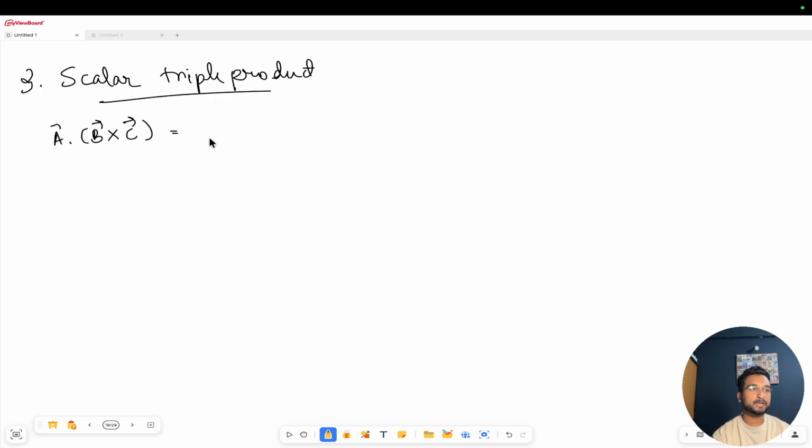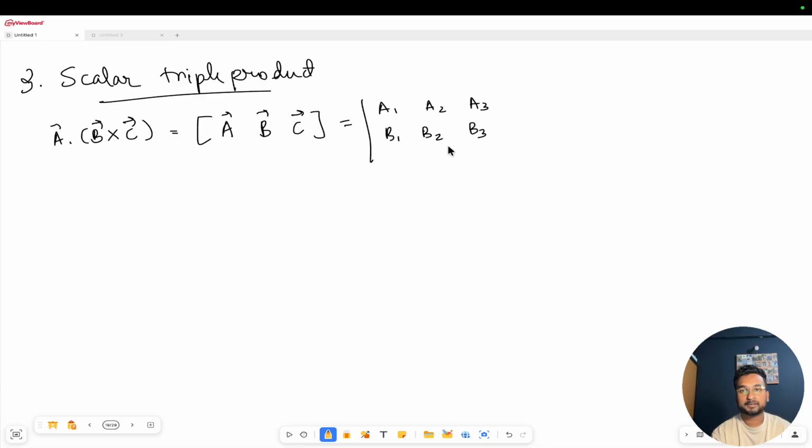What is the value of this? It is box of ABC. How to calculate box of ABC? It is the determinant of A1, A2, A3, B1, B2, B3, C1, C2 and C3. This is how you calculate a scalar triple product, and they are cyclic in order.